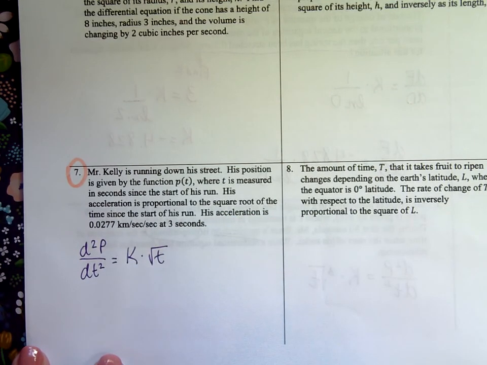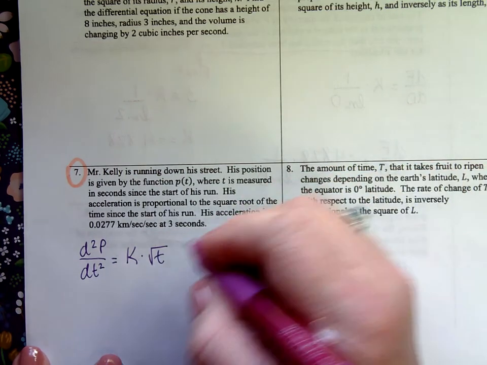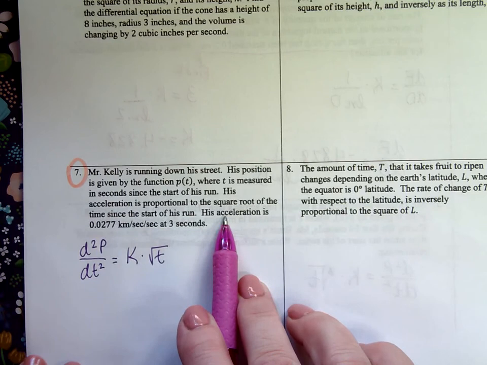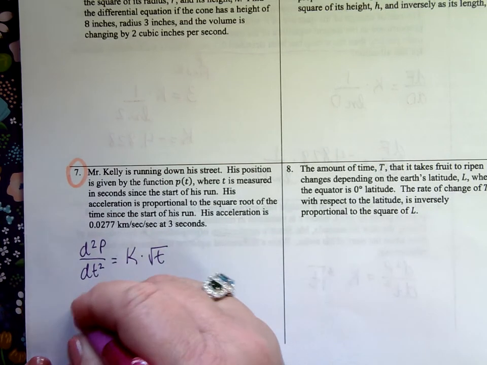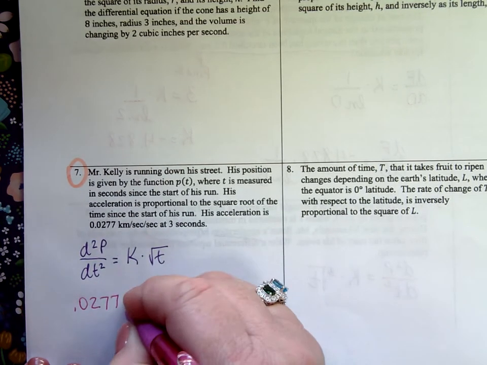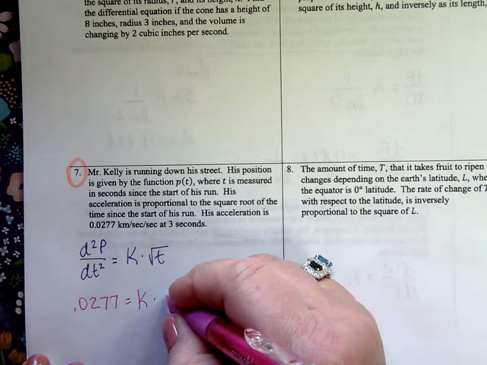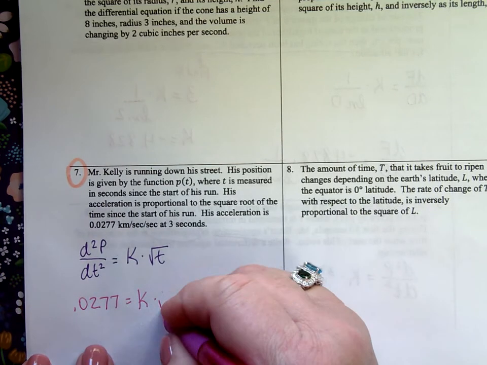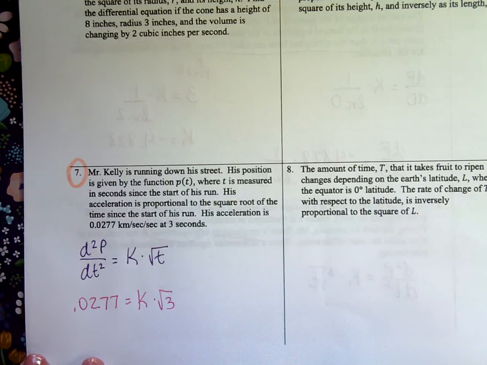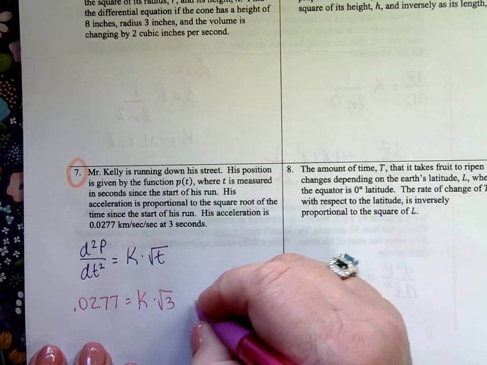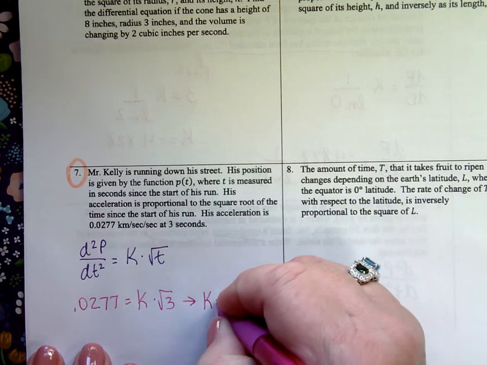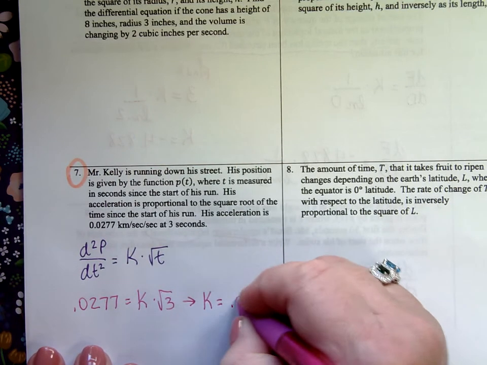All right, so step number 2, we want to figure out what k is. So they told me that the acceleration is 0.0277 equals k times, at 3 seconds, the square root of 3. So I take 0.0277, I divide by the square root of 3, and lo and behold, it gives me a k that is 0.016.